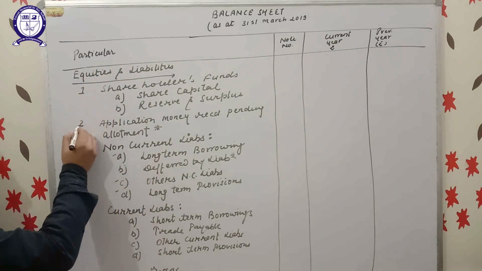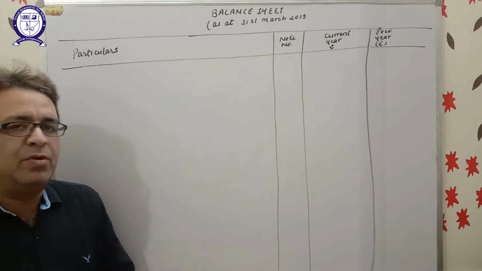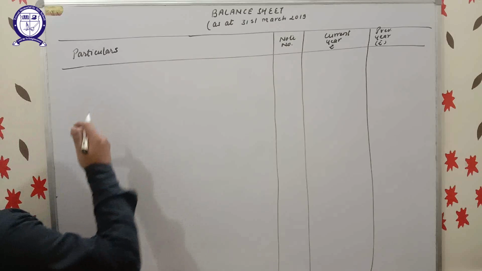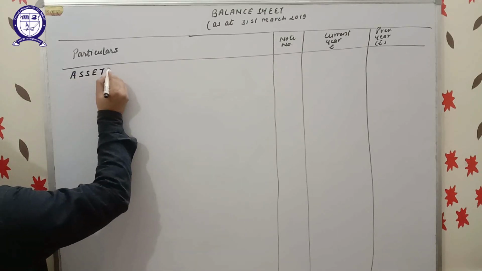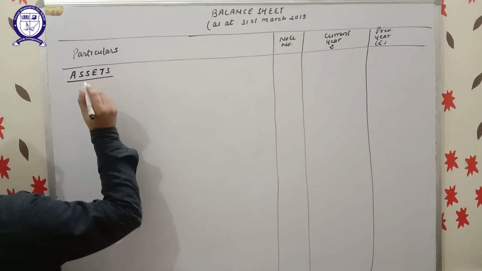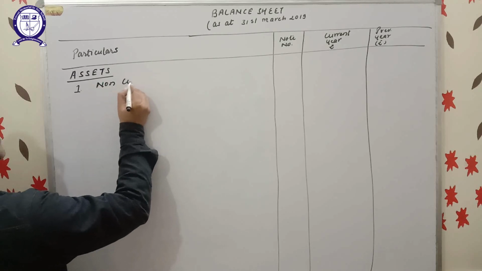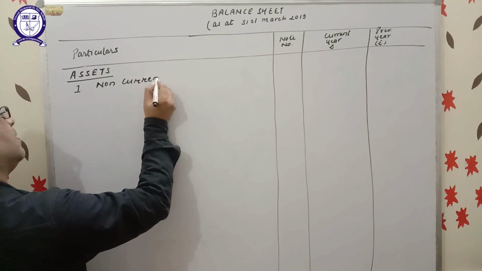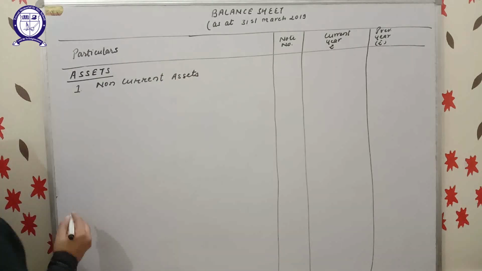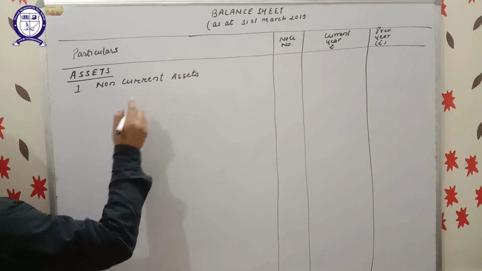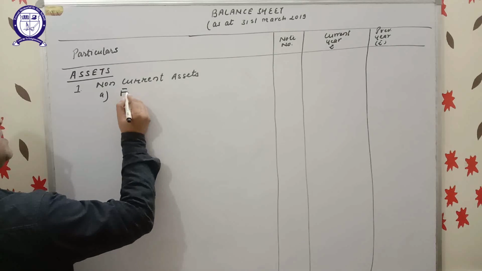Main headings are there and subheadings are also there. So we will learn the asset side of the balance sheet. First heading, non-current assets. Under this heading, first subheading is fixed assets.